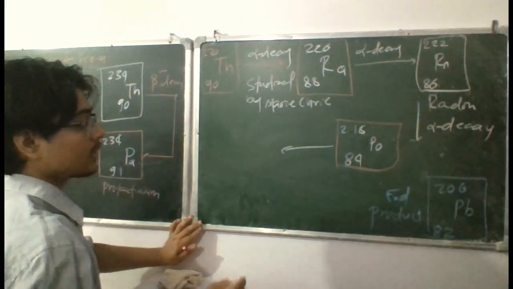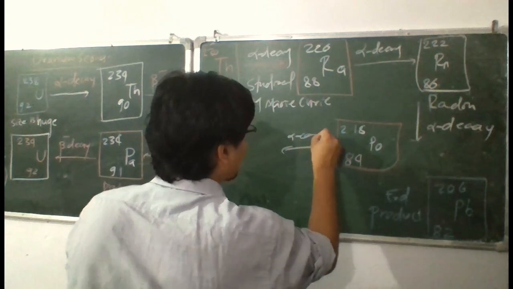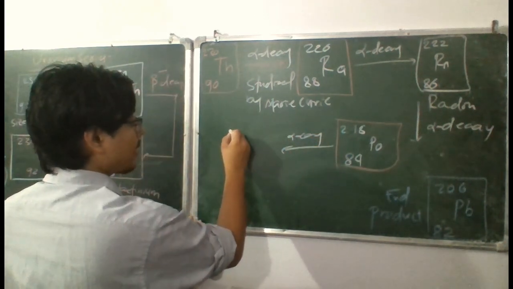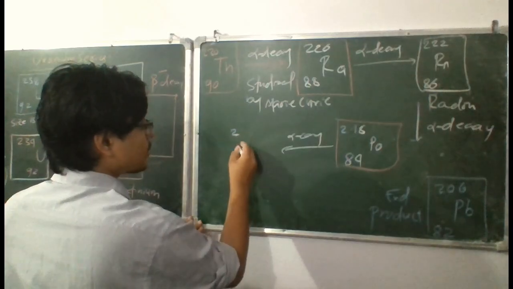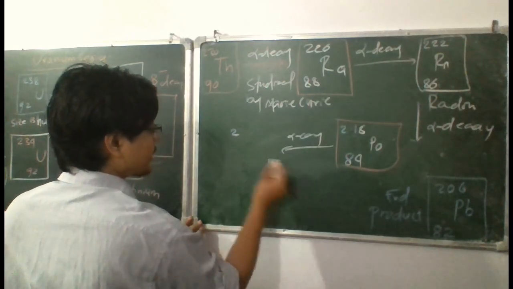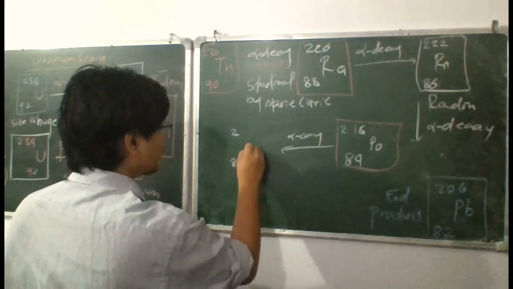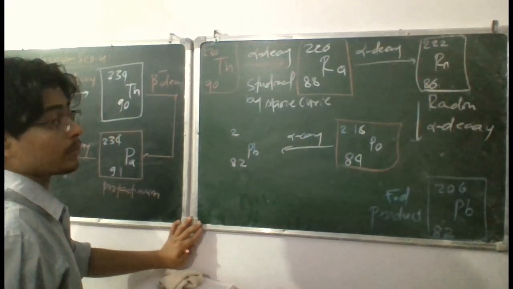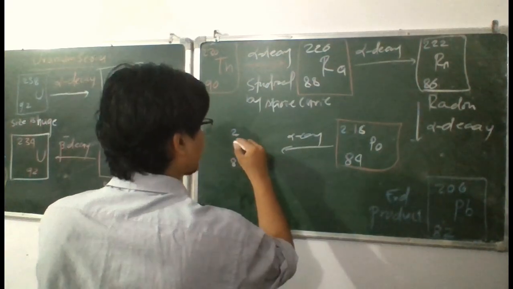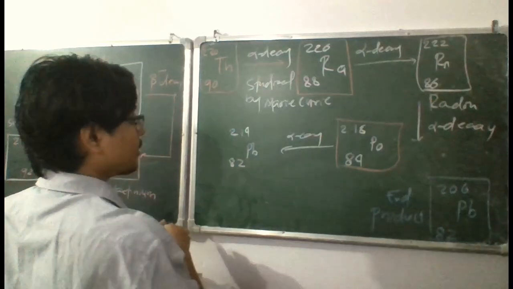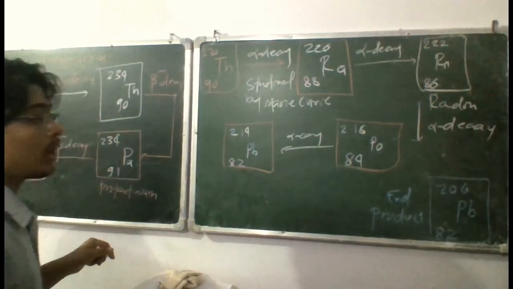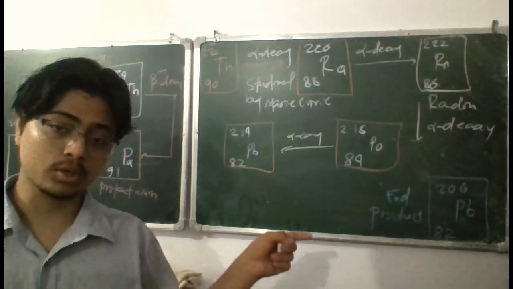Now if it does alpha decay again, it would get Pb, and it is 214 and 82 of Pb. And what about the atomic number? Atomic mass would be 214. So we have got an isotope of lead, but not the stable product quite yet.